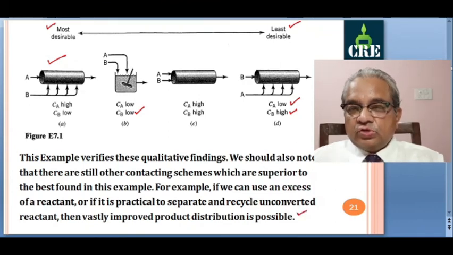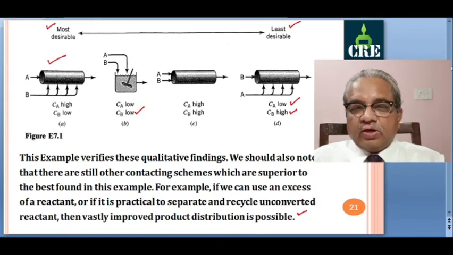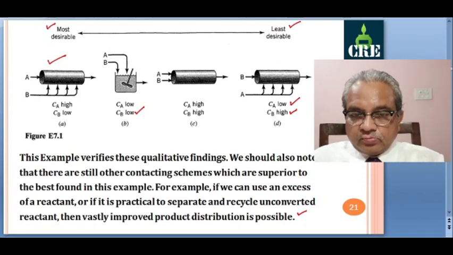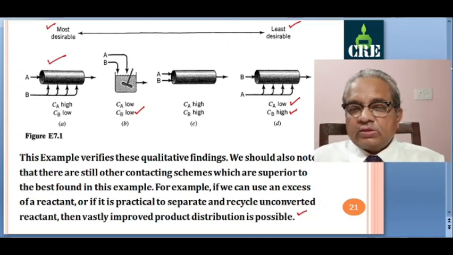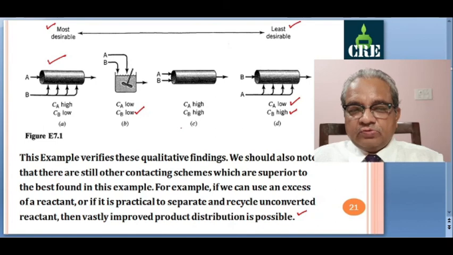So for selecting or suggesting the best possible scheme for these multiple reactions, and here we are considering parallel reaction, competitive reaction, if you know the rate laws and the reaction stoichiometry, based on this qualitatively you can suggest the reaction scheme, but it is not just as easy as it looks when we discuss this. You have to consider many more possibilities which are there.